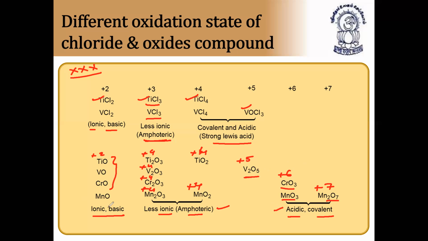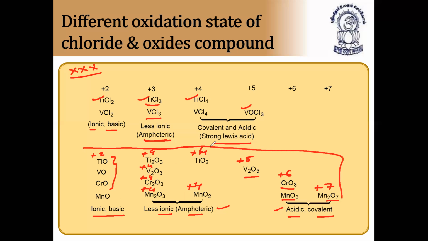All the three are important. The metals in the intermediate oxidation numbers, plus 3 and plus 4, are said to be amphoteric. The metals with plus 2 oxidation state are said to be basic. And the metals with plus 6 oxidation state in their oxides are said to be acidic and covalent in nature. So this is very, very clear, very, very important.